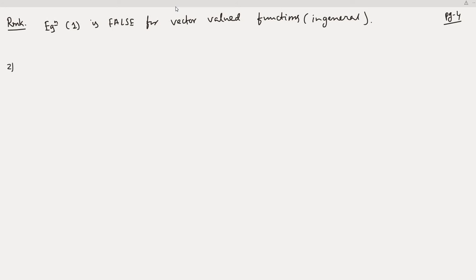Consider the following function f, a vector valued function from R into R m. Here we are taking n equal to 1 and m equal to 2.